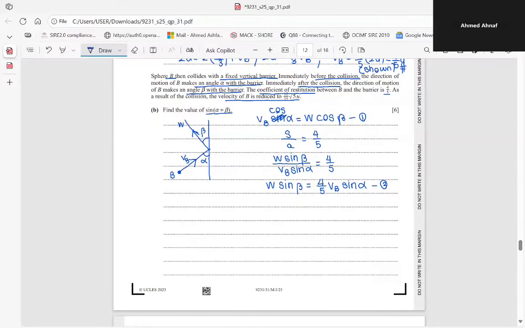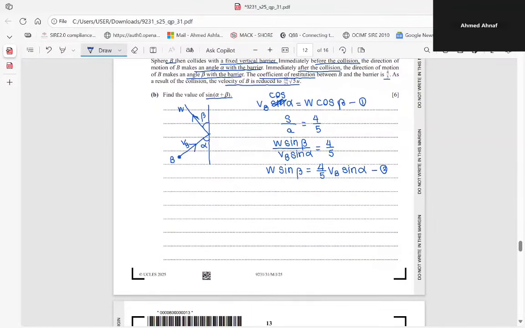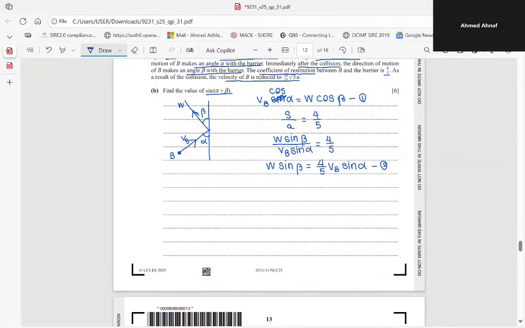So to make this easier, let's square both equations. So the first equation would just be VB squared cosine squared alpha equals W squared cosine squared beta.